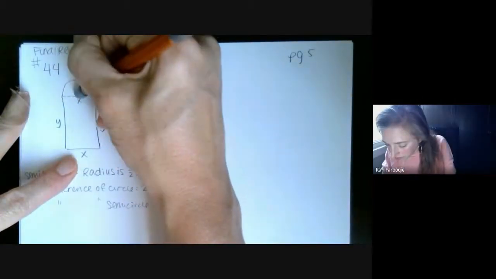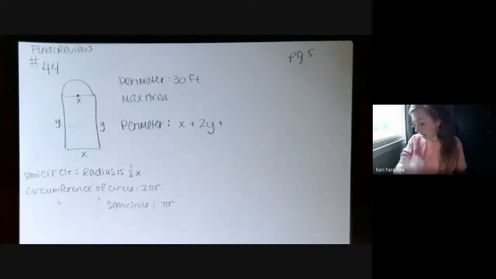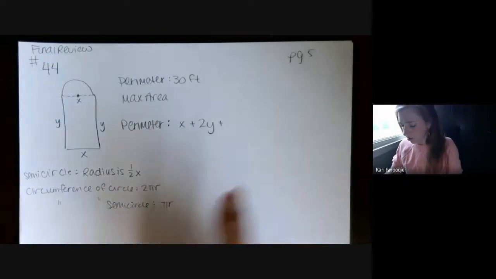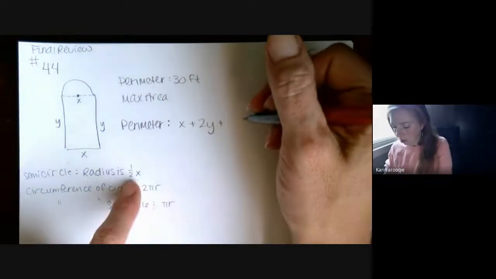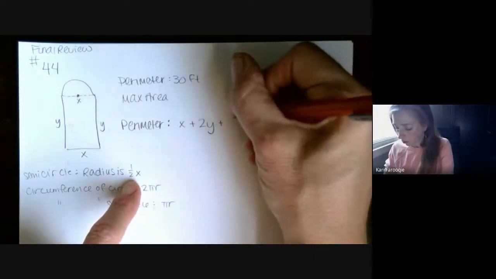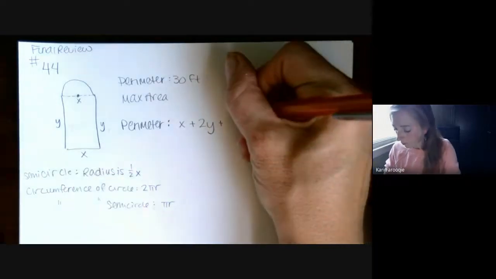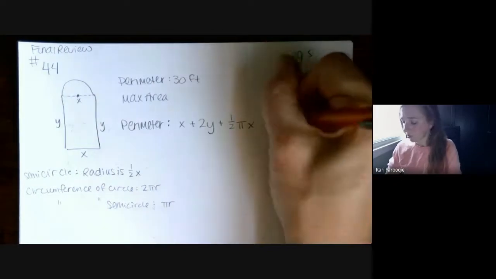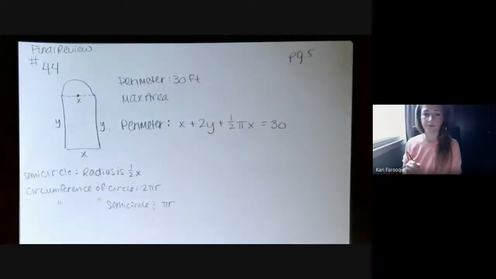So technically this should probably just be a dashed line because I don't want you to think it's actually like a panel on the window itself. It's not included in the perimeter. And then we'll take the semicircle as pi r. Well, r, we already said, was 1/2 X. So we have 1/2 X times pi, and that's equal to 30.